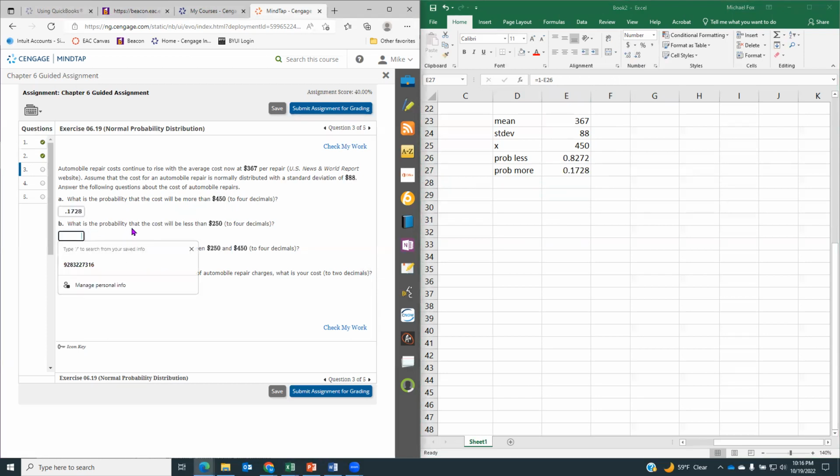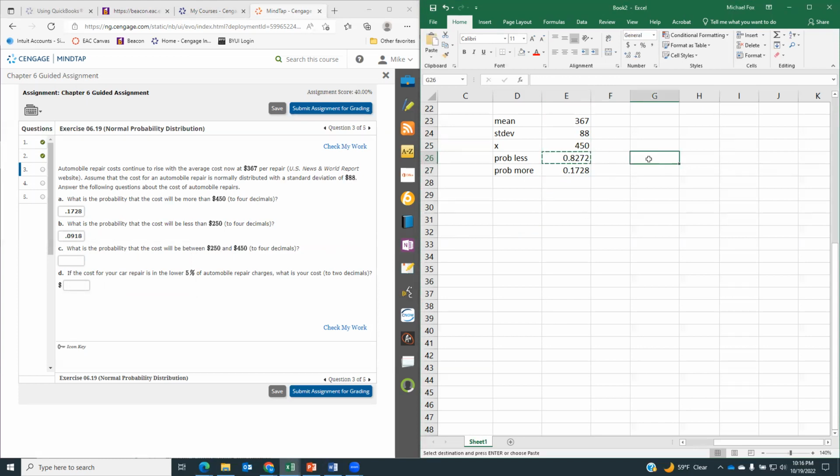What's the probability that it will cost less than 250? So now I can just change my X, and the less than is 0.0918. What's the probability that it will cost between 450 and 250? Okay, so a couple ways I can do this. I could change this to 450 and look at the probability that it's less.